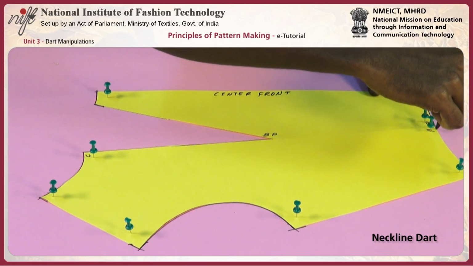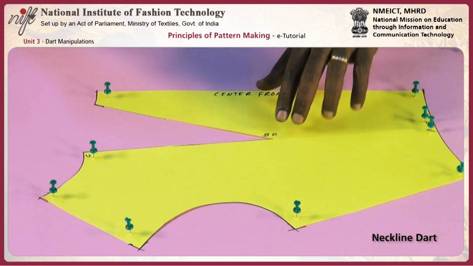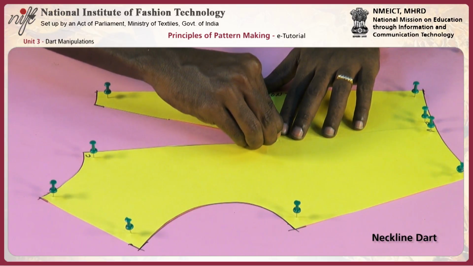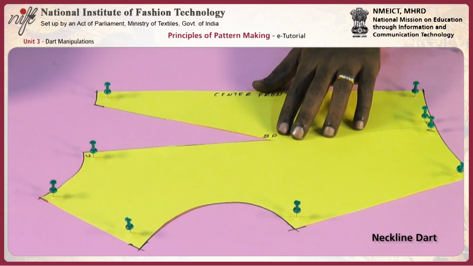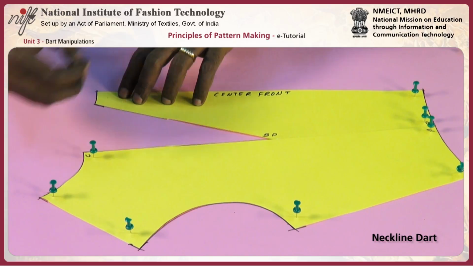Draw the waist seam. Mark the bust point. Once you mark all the points, remove the working pattern.